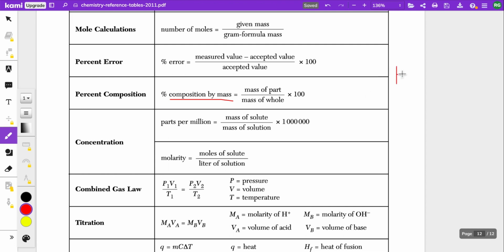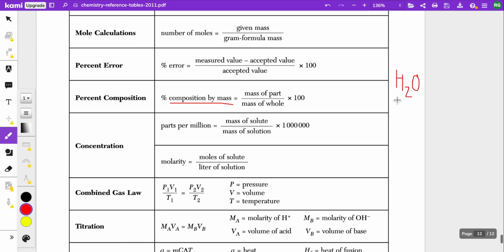For example, if I have H2O and I was required to calculate the percent composition by mass of oxygen, I would take the mass of oxygen. Oxygen's molar mass is 16 grams. H2O's molar mass is going to be hydrogen's molar mass plus oxygen's molar mass, approximately 18 grams.